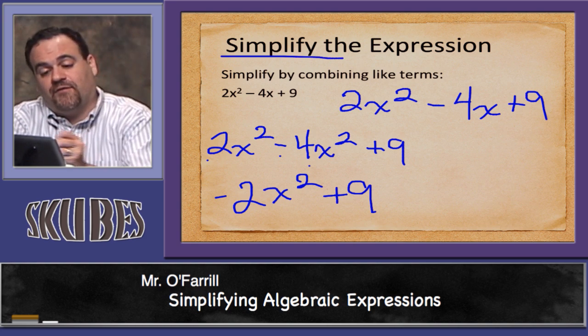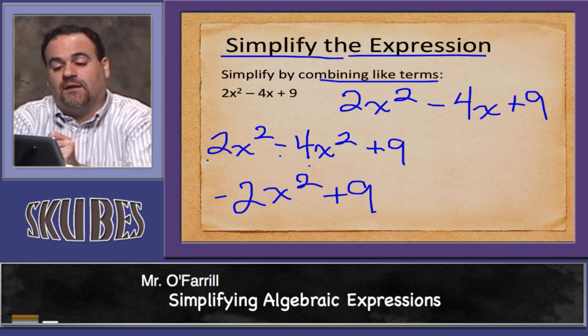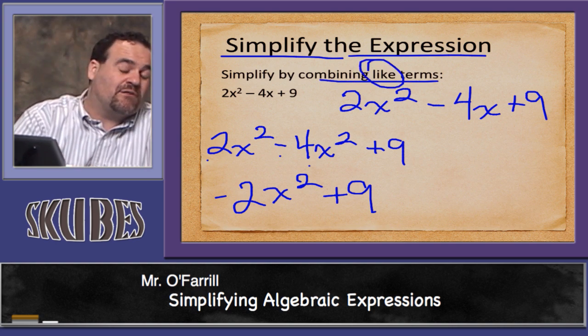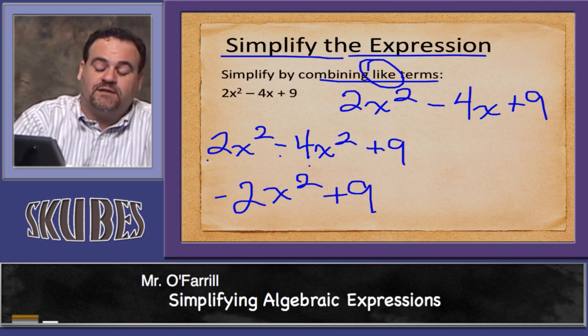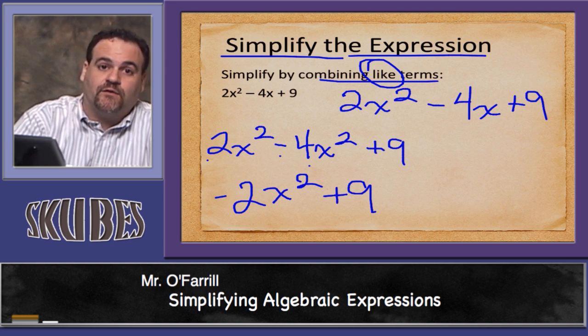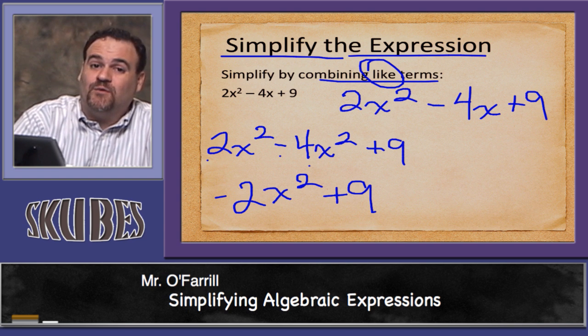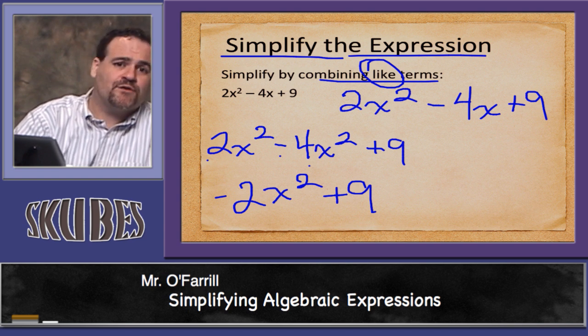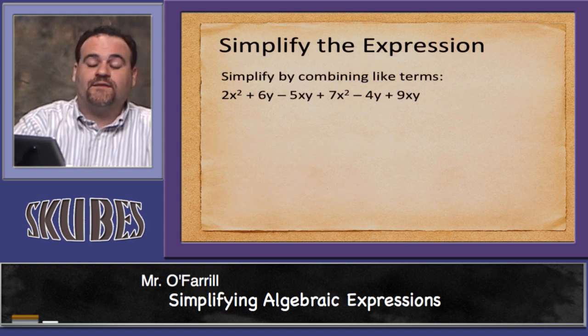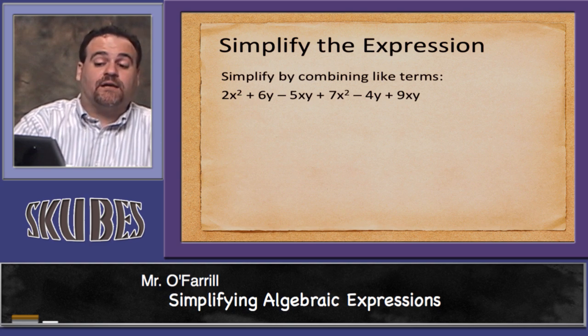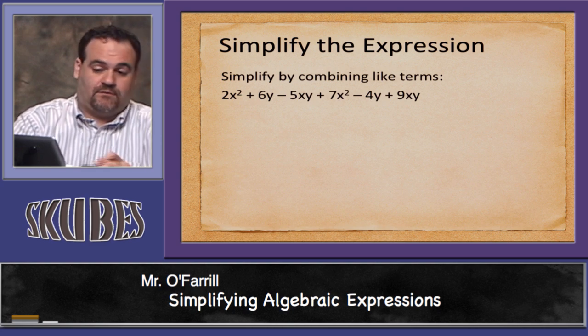And that has simplified the expression by combining the like terms. And again, that's the most important thing. If there's anything you want to take home from this, it's how to identify which terms are like and which terms aren't.